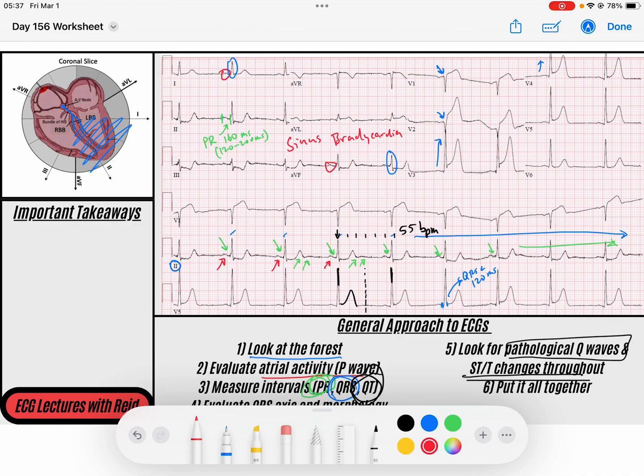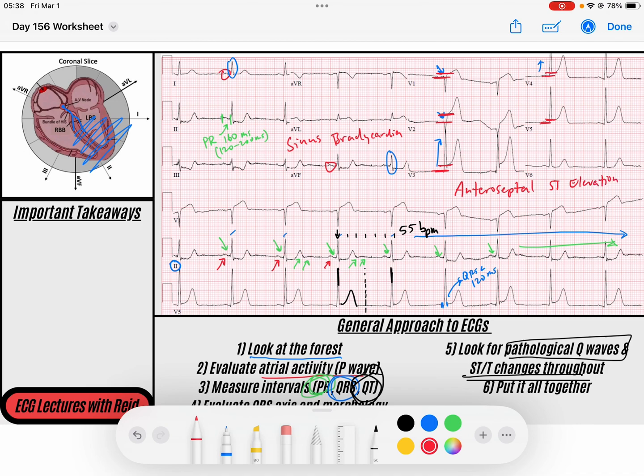If you look at the anterior leads, we've got V3 ST elevation, V2, to a lesser degree V4, and to a much lesser degree V5, but we even have some septal ST segment elevation. So I would say the predominant ST elevation here is in an anteroseptal pattern.